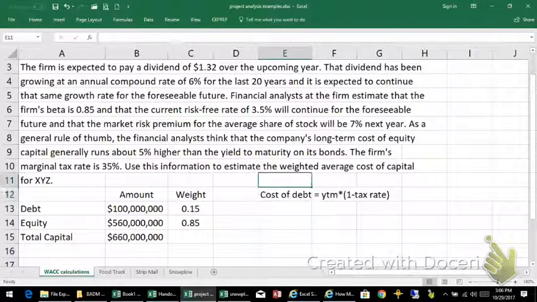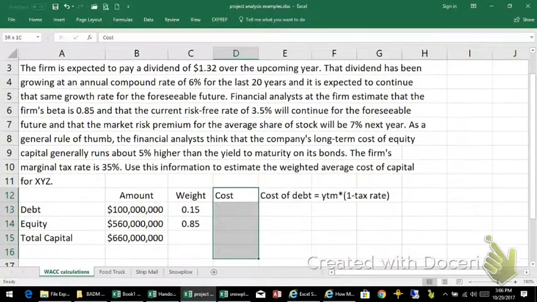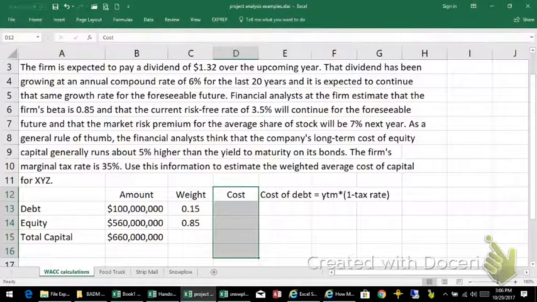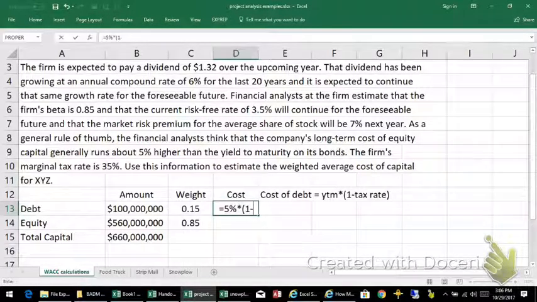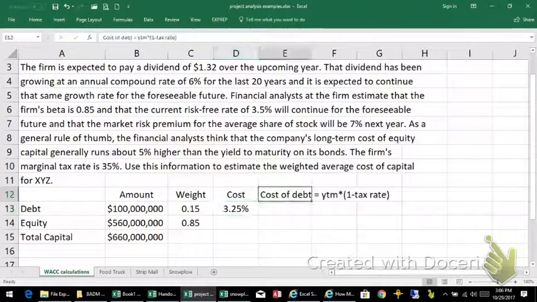So if the yield to maturity on the bonds is 5% and the tax rate's 35%, then the cost of debt capital is 5% times 1 minus 0.35, and that comes out to 3.25%, or 0.0325. Now I'm going to label costs using percents and leave the weights as decimal form. Okay, so there's my cost of debt.